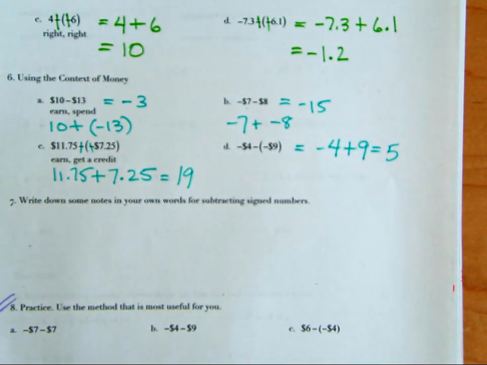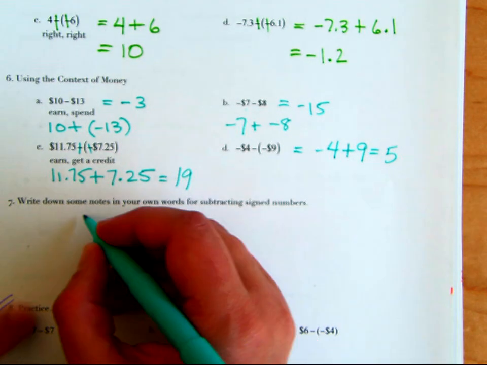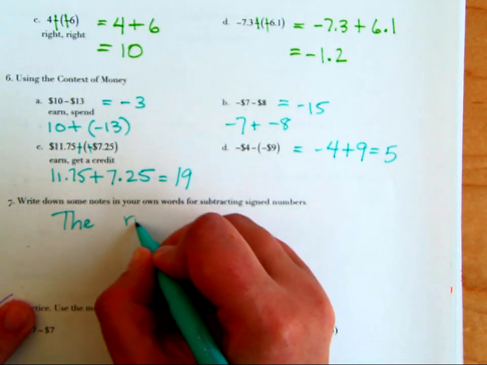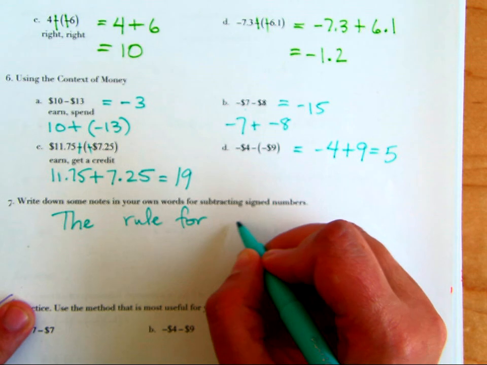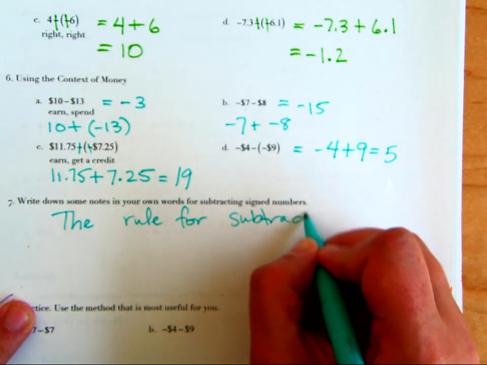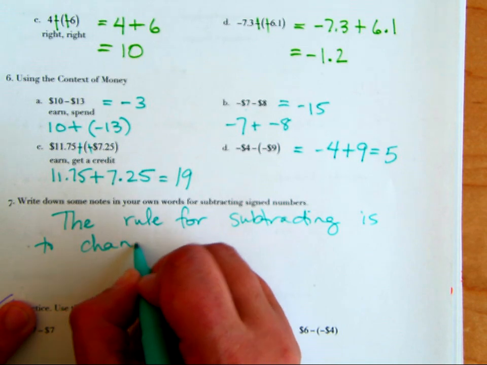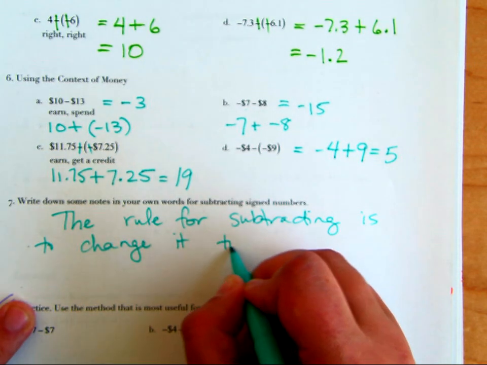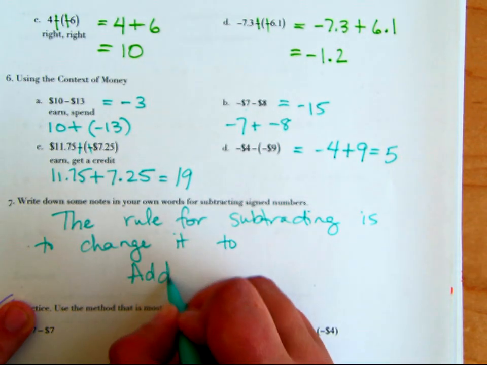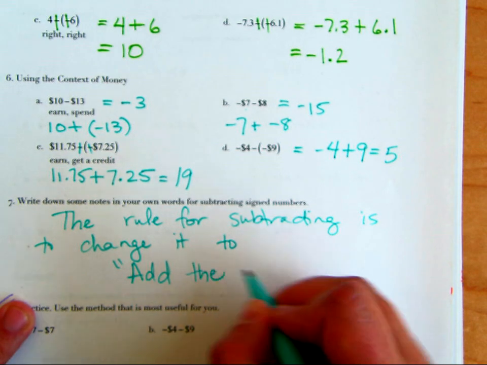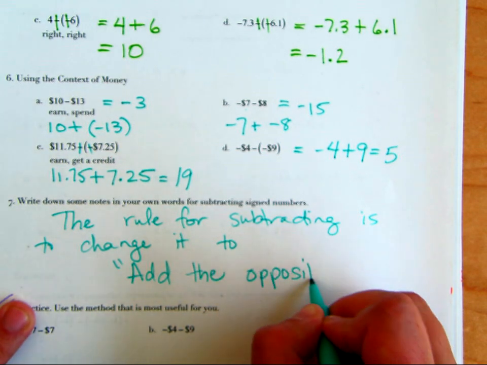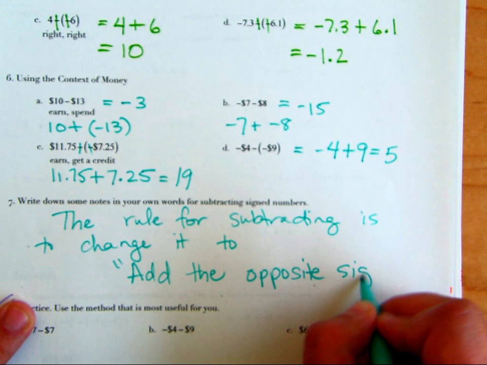Write down in your own words subtracting. Okay, you can do that at your leisure, but I will say the rule for subtracting is to change it to add the opposite sign.